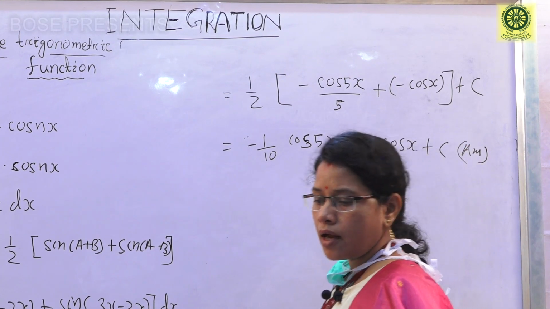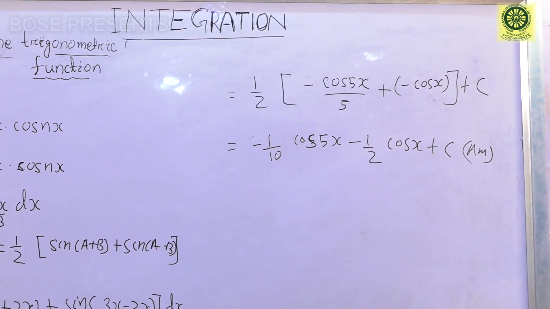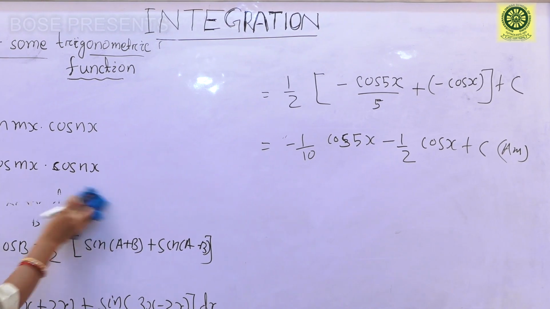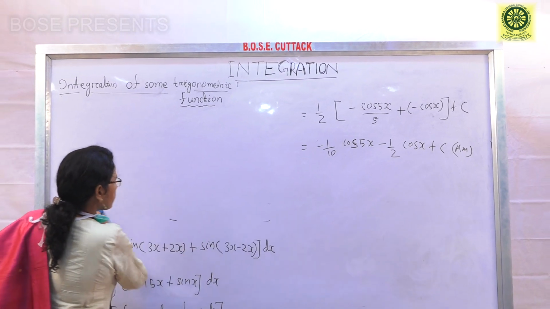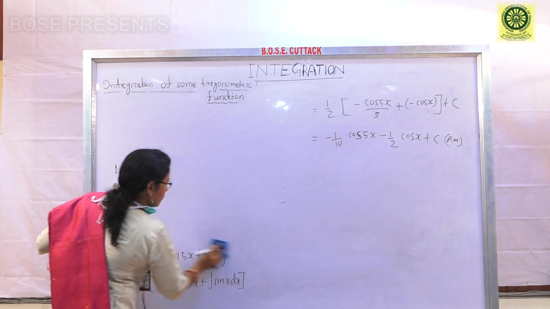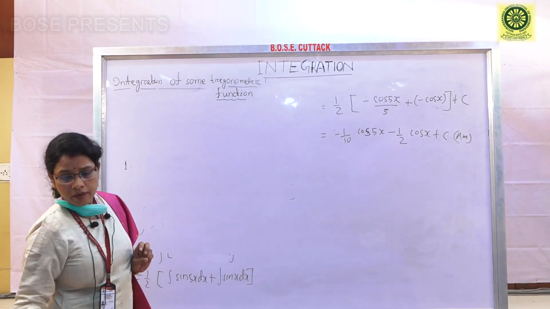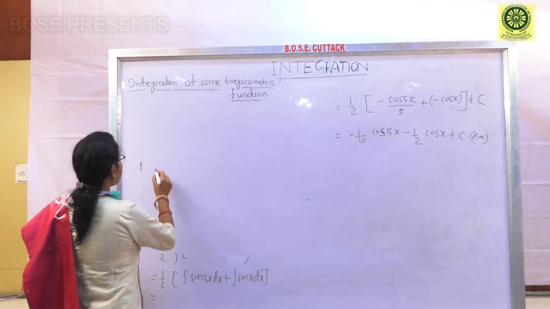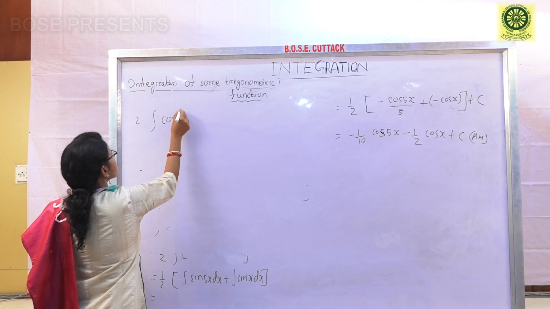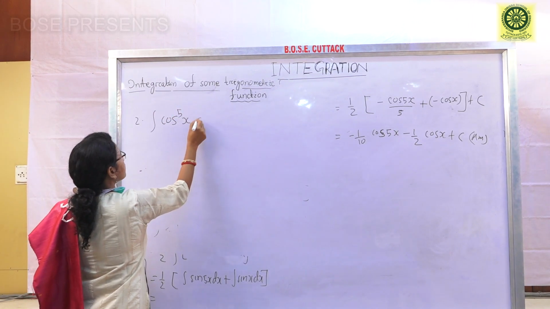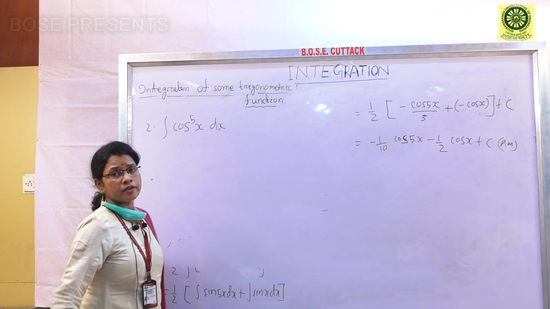Now come to the next problem. That is, the integral of cos to the power 5 x with respect to x.